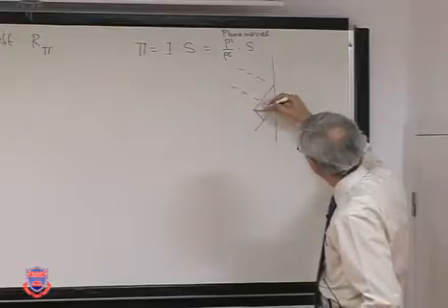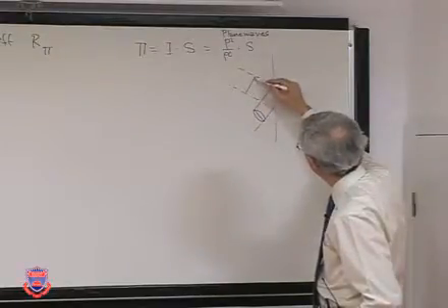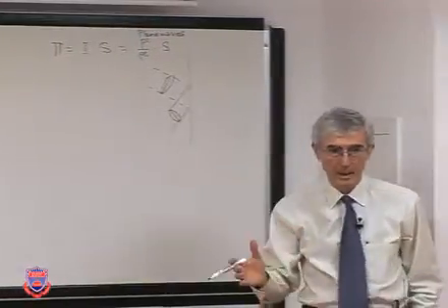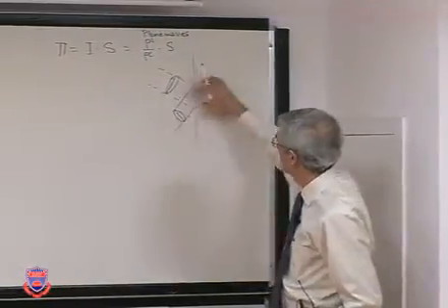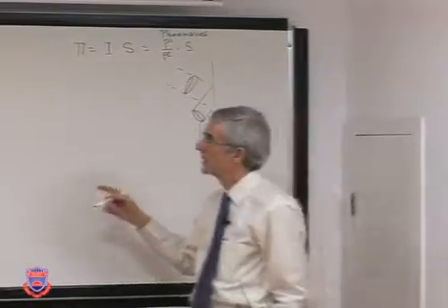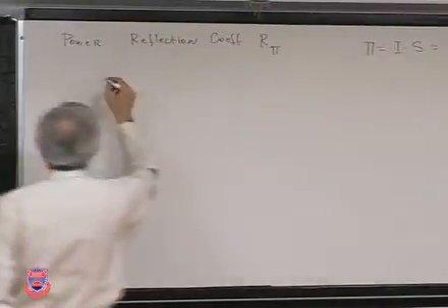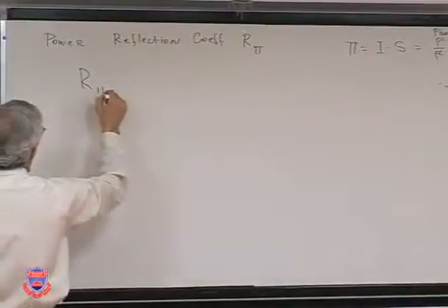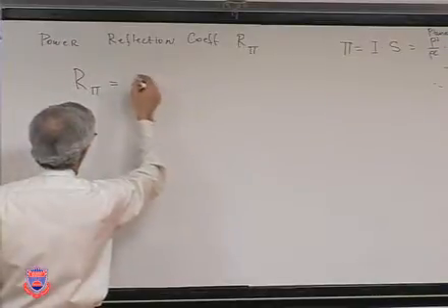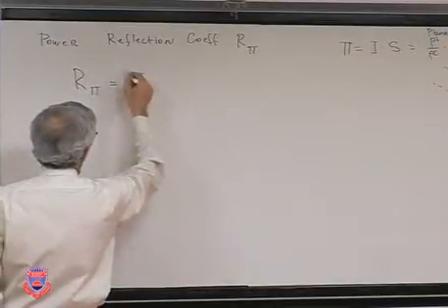you can see that these areas, if you just consider these areas, they're the same. The angles are the same, parallel lines go, so the areas are the same. So the power reflection coefficient will simply be the same as the intensity and the pressure one.